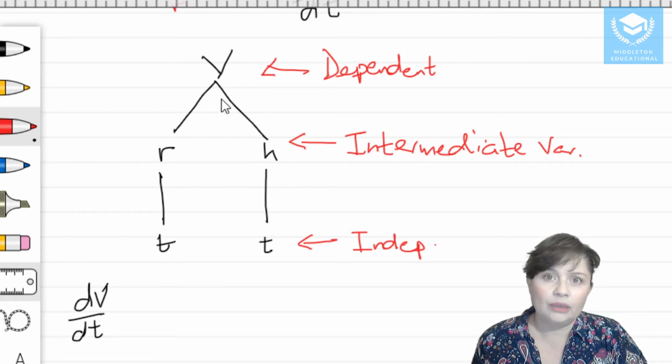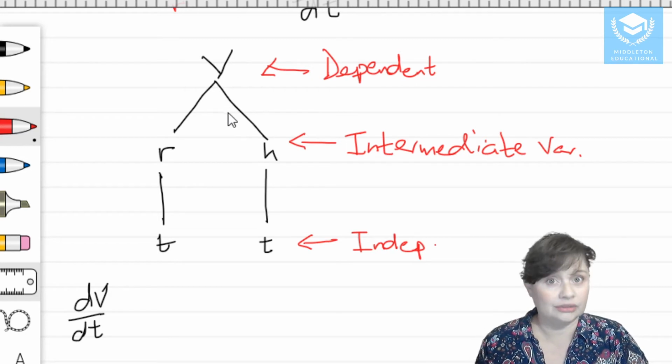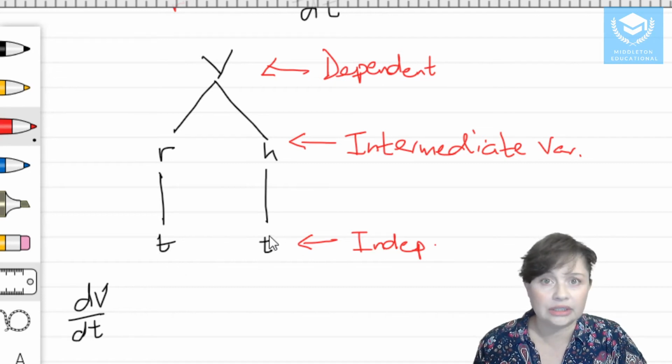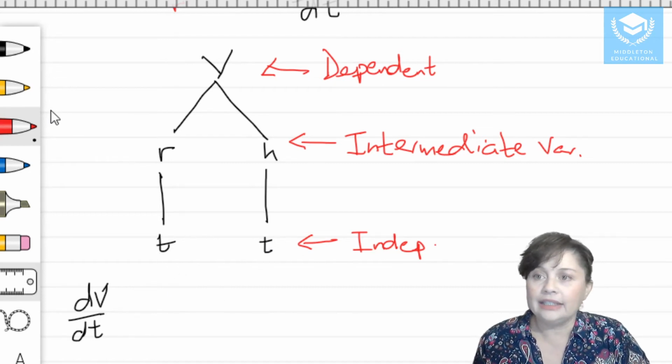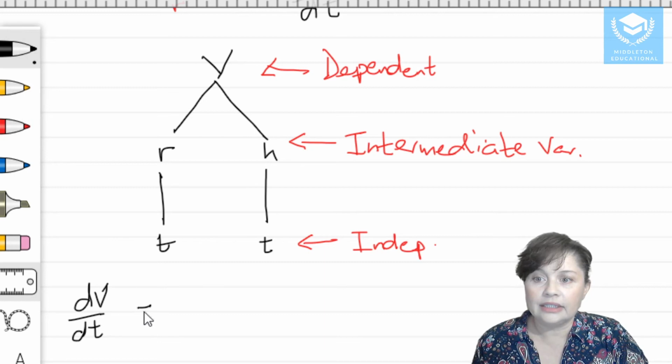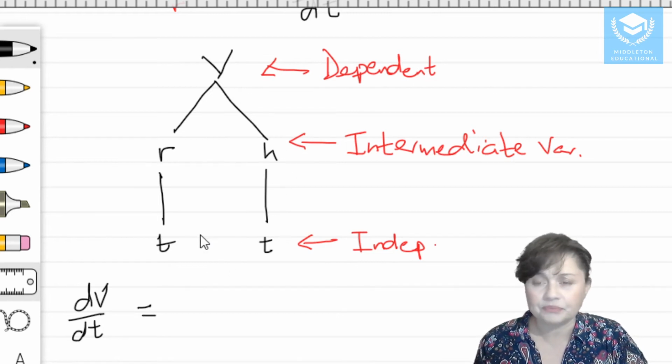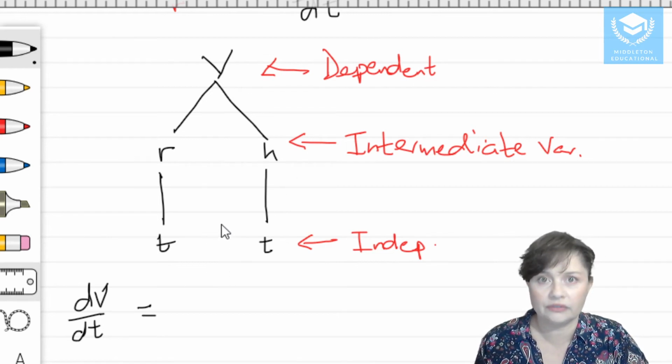And this is where we come in with partial derivatives, because your V is dependent on r and h, but your r and your h are only dependent on t. If you want to find the expression for dV/dt, you have to use every single piece of this diagram. You must include all of the variables.